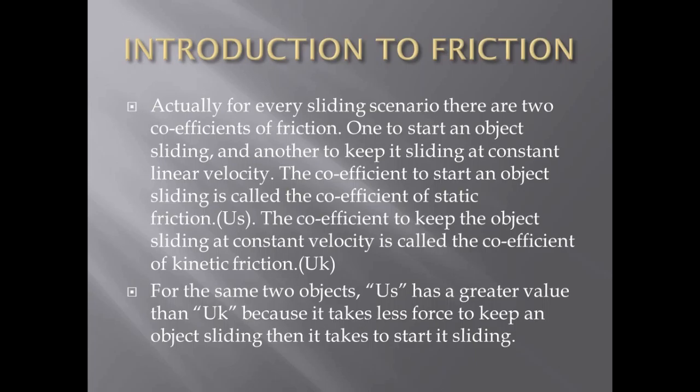The coefficient to keep the object sliding at constant velocity is called the coefficient of kinetic friction, and is given the symbol μk. For the same two objects, μs has a greater value than μk because it takes less force to keep an object sliding than it takes to start it sliding.